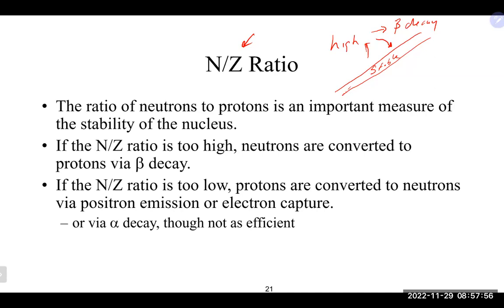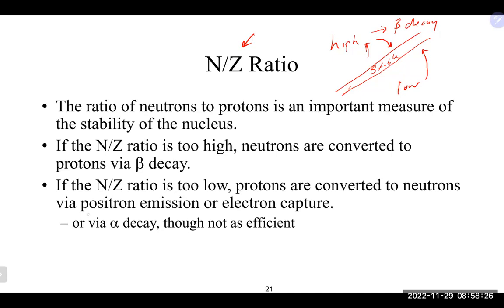If the ratio is too low, which means you're on this side of that nice, happy ratio, protons are converted to neutrons, and that moves you back up towards a more acceptable ratio. Once again, it may not result in perfect stability after one process, but it should move you there.